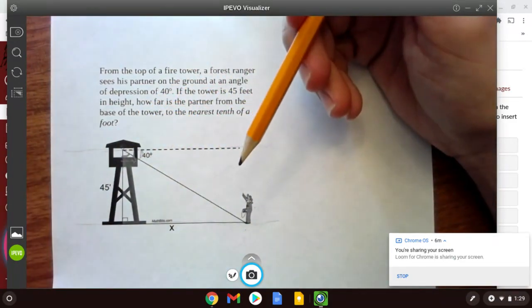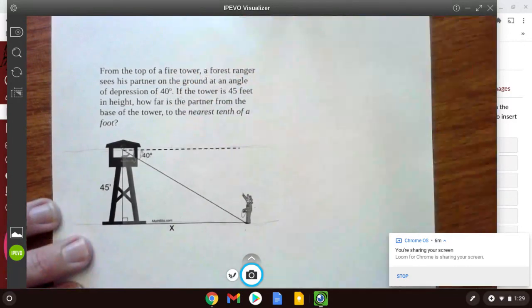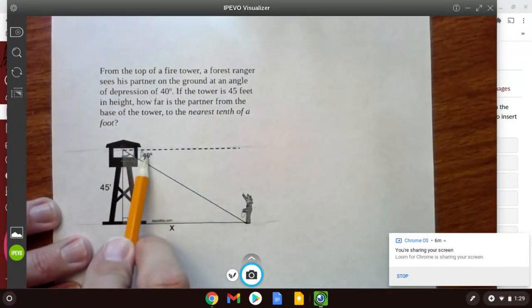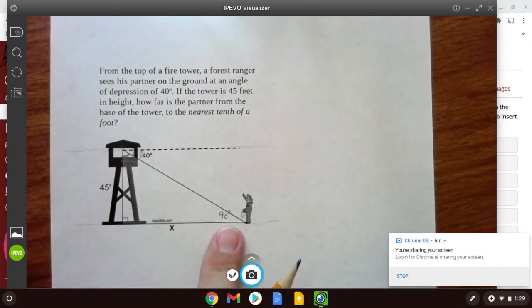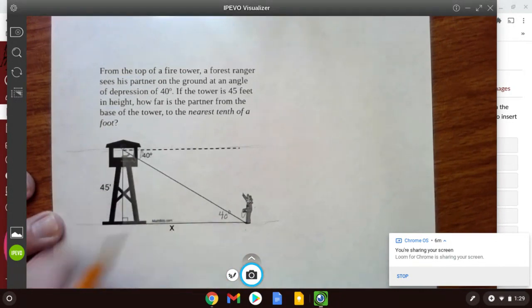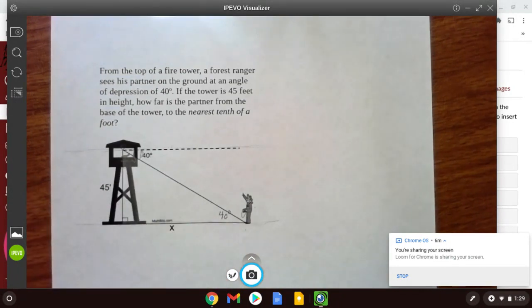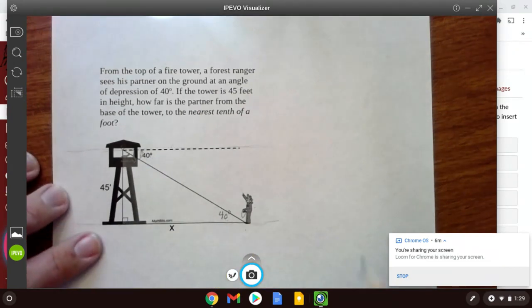Basically, this 40-degree angle and this angle down here, 40 degrees, are alternate interior angles, so they're equal to each other. From there, if you wanted to, you could get the 50 degrees that way. Up to you. I'm going to work with this 40-degree angle here.